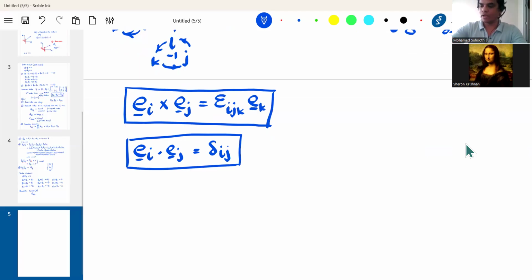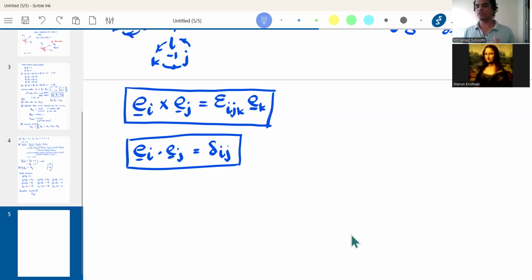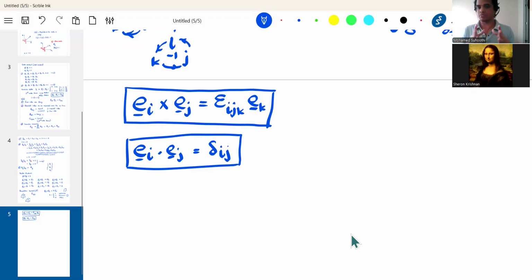I think this is the right point to stop this video, then I will continue in the next video. We defined the base vectors and their properties, and also introduced the Kronecker delta and permutation symbol.